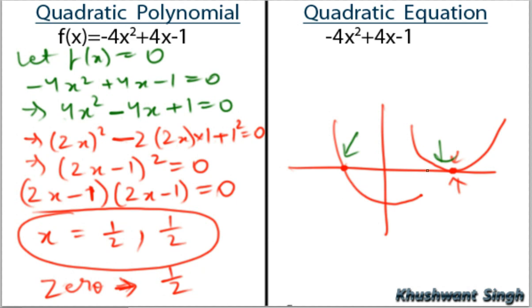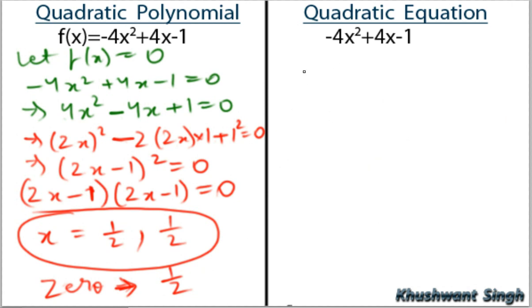The point where the graph touches or crosses the x-axis, that is zero. So zero will be just one single thing, whether in this case or in this case. Now for this one again, I forgot to mention zero over here. I'm sorry about that. So here also you'll get (2x minus 1) whole square equal to 0, just using this one.